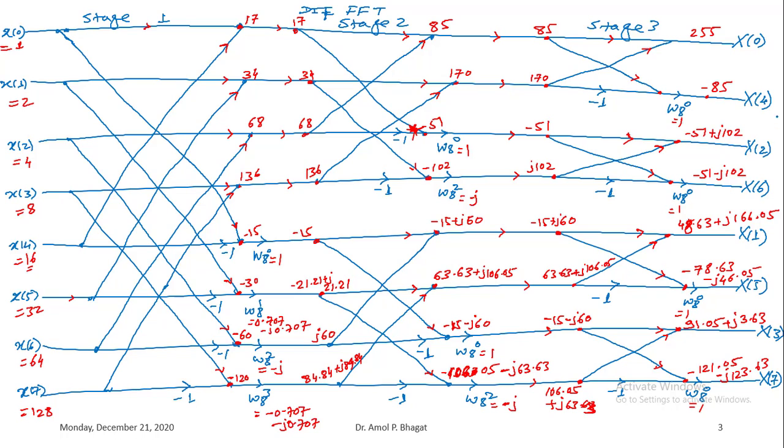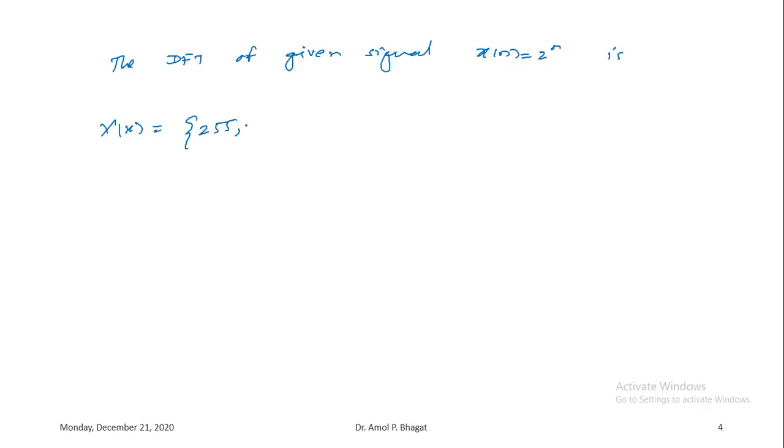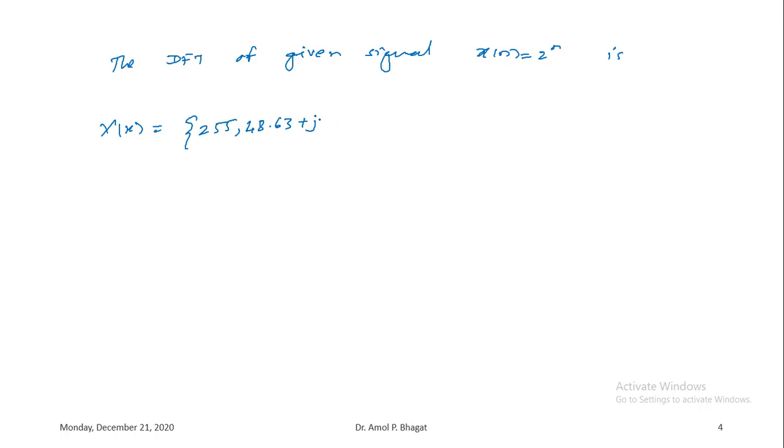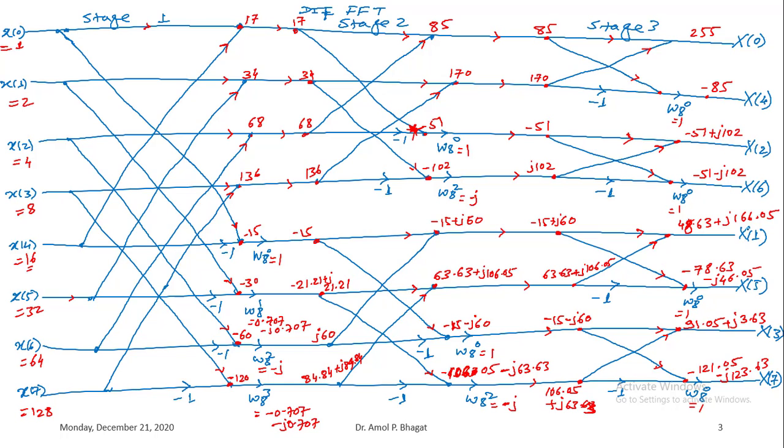So the DFT of given signal x of n is equals to 2 raised to the power n is x of k is equals to, so at x of 0 we have 255, then at x of 1 we have 48.63 plus J166.05, then x of 2 is minus 51 plus J102, right?